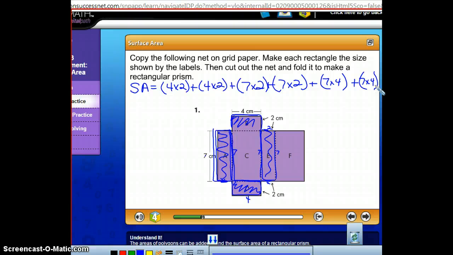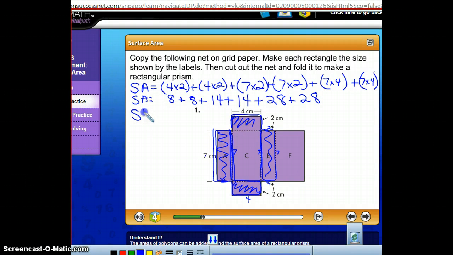Now let's go to the next steps. Now we need to multiply. 4 times 2 is 8, plus 4 times 2 is 8, plus 7 times 2 is 14, plus 7 times 2 is 14, plus 7 times 4 is 28, plus 7 times 4 is 28. That's what we have so far.